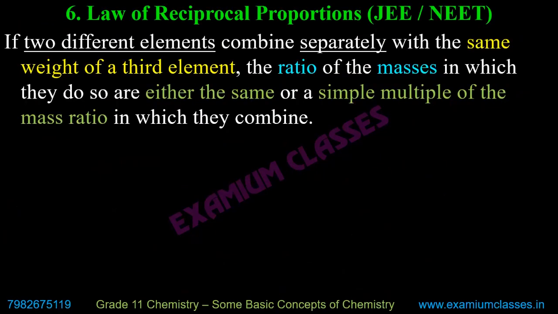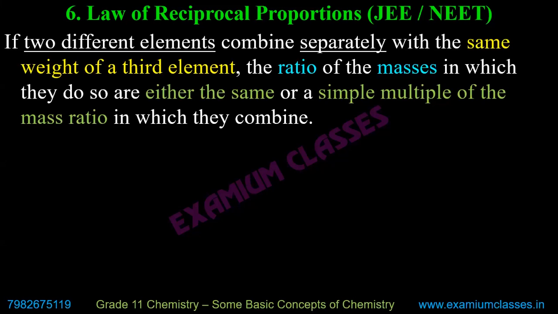Now this part is specifically for those who are planning to appear in JEE and NEET. In this chapter, this particular law, then equivalent weight related numericals and normality are topics which are not in NCERT, but are in both NEET and JEE Main. Equivalent weight and normality are not in JEE Advanced, only in JEE Main.